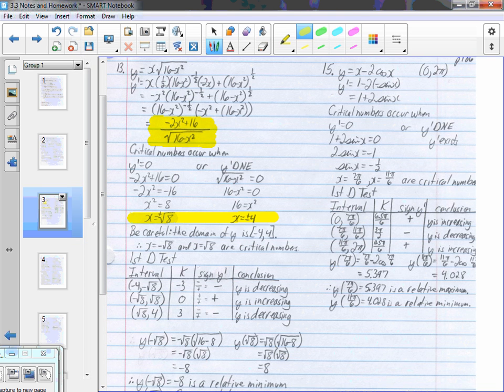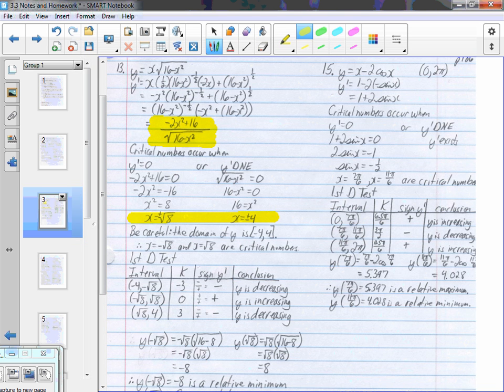But beware. So listen to me right here instead of writing. The square root of 16 minus x squared doesn't exist everywhere, does it? Because you have to have 0 or positive under a square root sign.